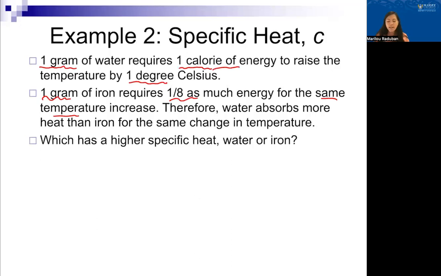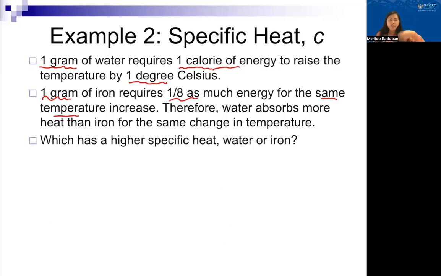So which has a higher specific heat? Is it water or iron? Water. Yeah, I see water in the chat box.